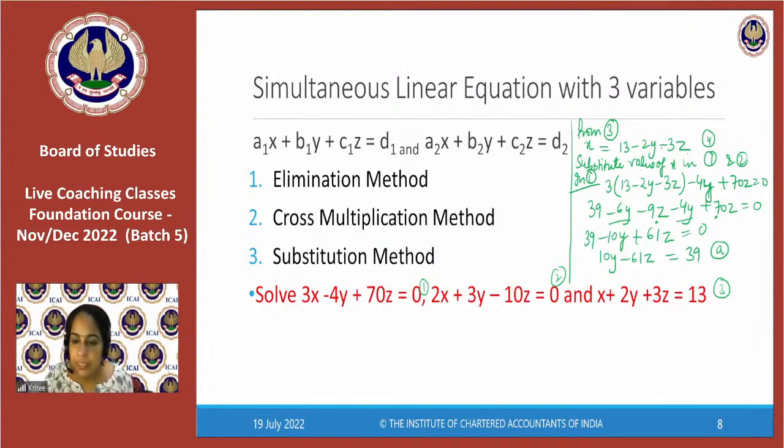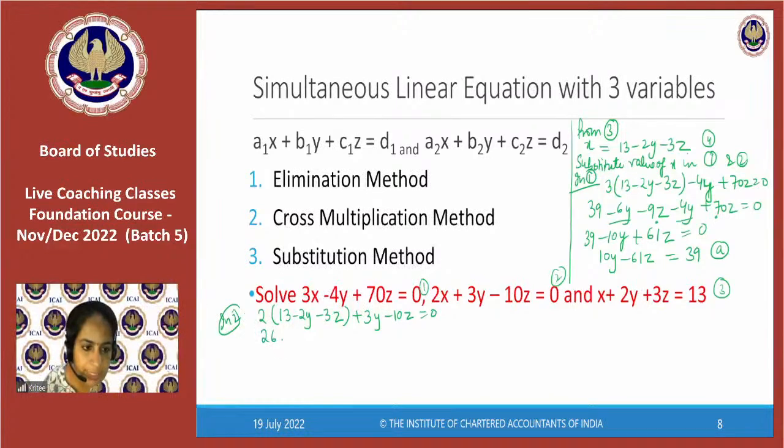Likewise, I will substitute fourth in second. So when I'm substituting fourth in second, then 2 into 13 minus 2y minus 3z plus 3y minus 10z equals 0.